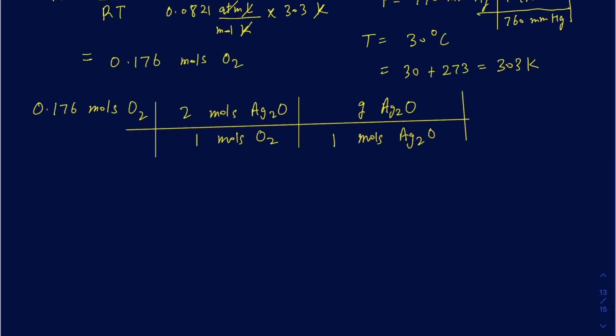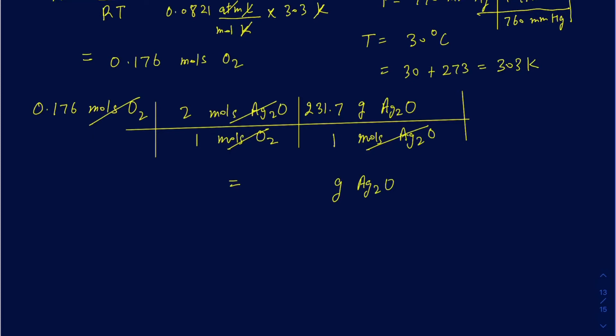Okay, the molar mass of silver oxide is 231.7, so make sure you get that correctly. Your moles of O2 cancels out, your moles of Ag2 cancels out, silver oxide cancels out, and you're left with the grams of silver oxide.